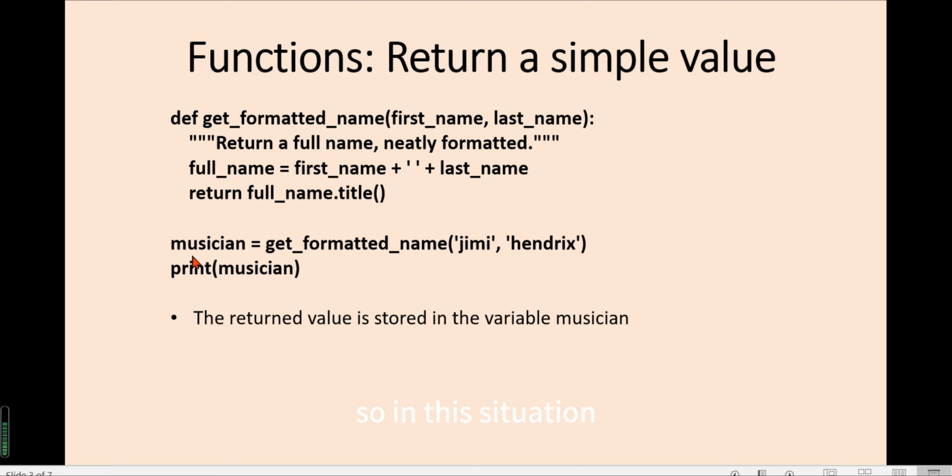In this situation, musician is the full name in title form, and the value of the full name is Jimi Hendrix. So the returned value is stored in the variable musician.